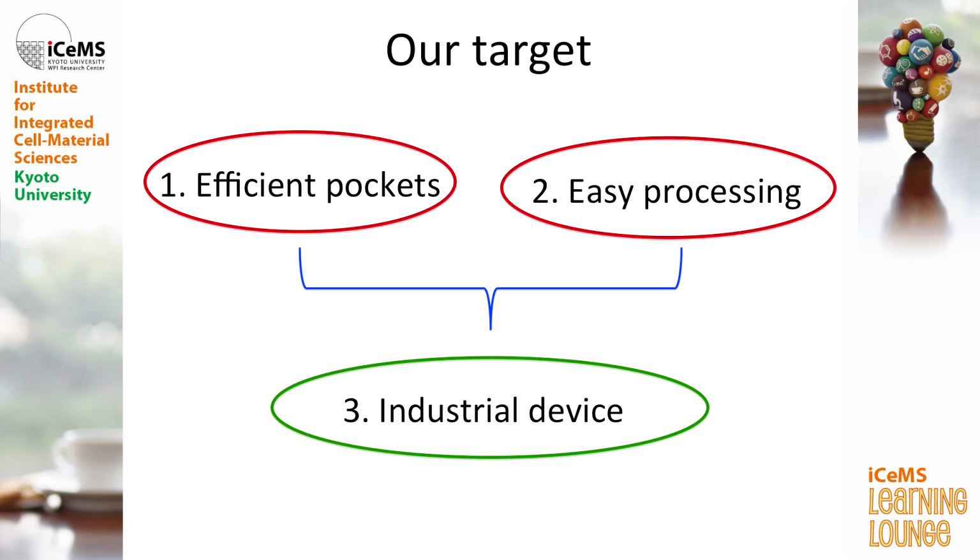So our target and our interest, of course, with regard to carbon dioxide, is that we still want an efficient material to trap carbon dioxide. But we want to be able to process it very easily, in a very cheap and very available way, so that we can have very applicable materials, for example for industrial devices.